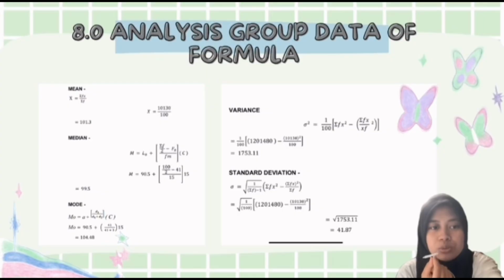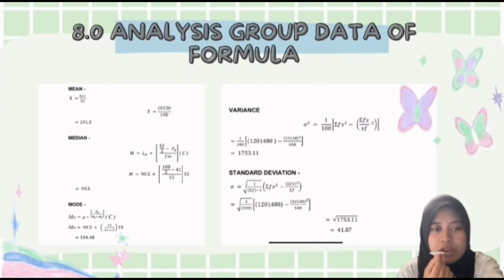And lastly we have standard deviation. Sigma equals the square root of 1 over sum of f minus 1, then bracket sum of fx squared minus sum of fx squared over sum of f, and close the bracket.